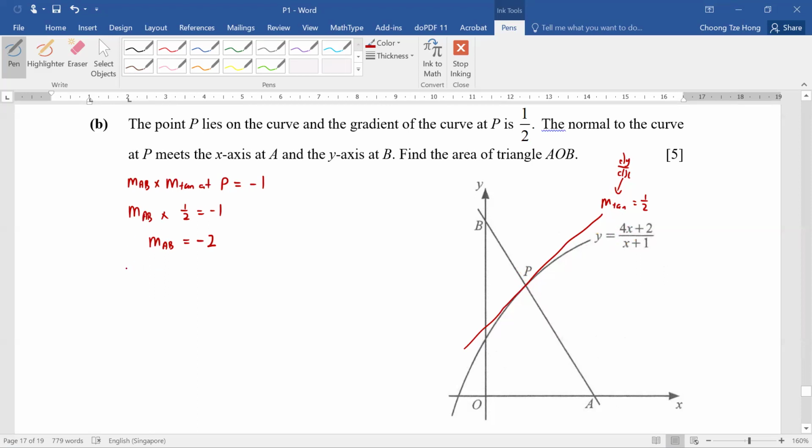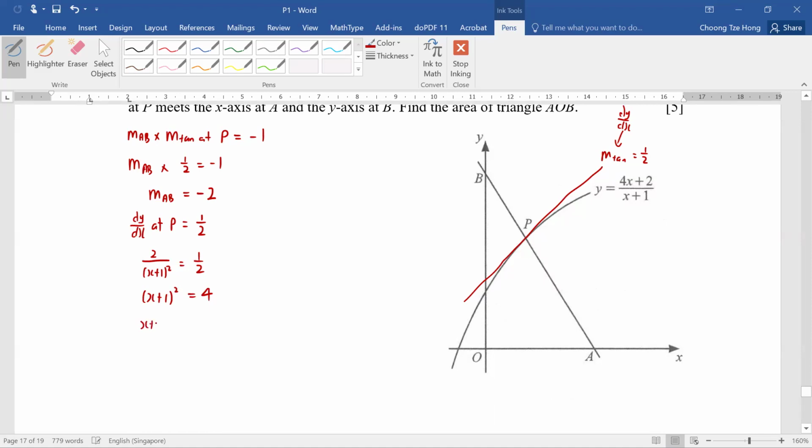Right, so we know gradient of tangent is half, so that means dy dx at P will be equal to half. Okay, so the expression for dy dx is 2 over (x plus 1) squared, right? So we're going to equate it over here. So (x plus 1) squared is going to be equal to 4. Okay, so this means that either x plus 1 equals -2, so x will be -3, or x plus 1 equals 2, so x equals 1.